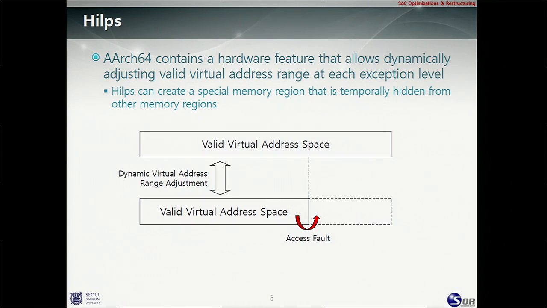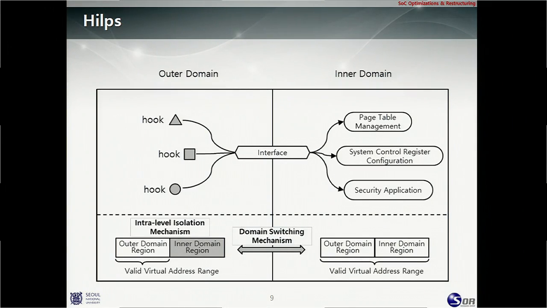This hardware feature, present at all exception levels, allows Hilps to create a special memory region, temporarily accessible or inaccessible by changing the valid virtual address range. Based on such a valid virtual address range adjustment feature of AArch64, Hilps designs and implements its two core mechanisms.